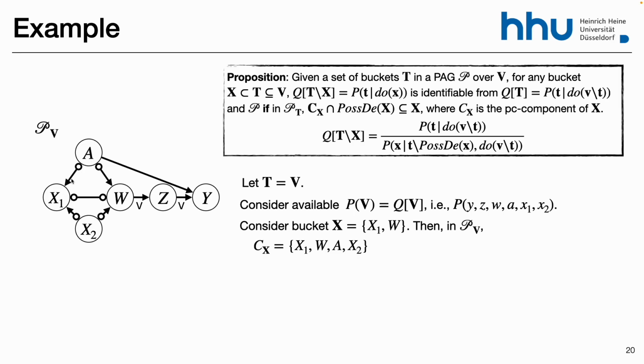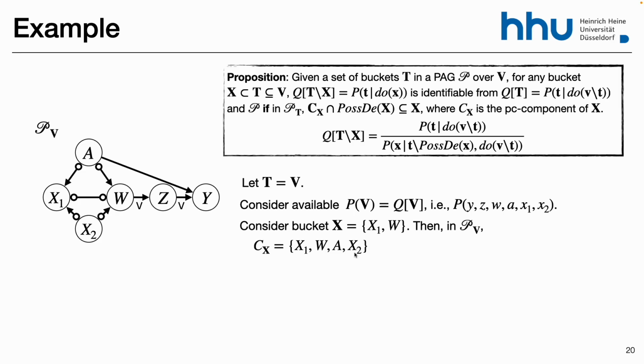So X1 is connected to A with this path that could be a bidirected edge, is also connected to W, and is also connected to X2. And the other variable, W, is the same, because this is visible, so you cannot go to this right side, but going back, it's together in the same PC-component with X1, A, and X2. So the C-component, or the union of all PC-components of the bucket, includes X1, W, A, and X2.